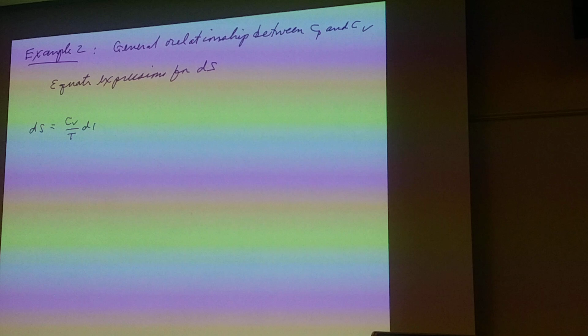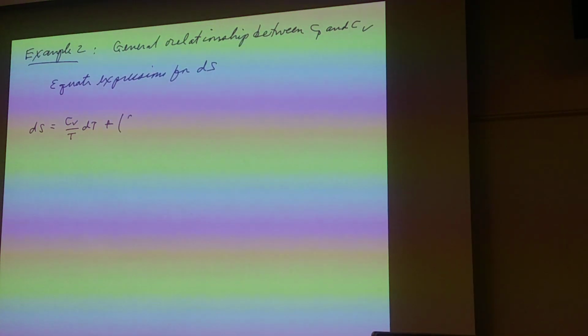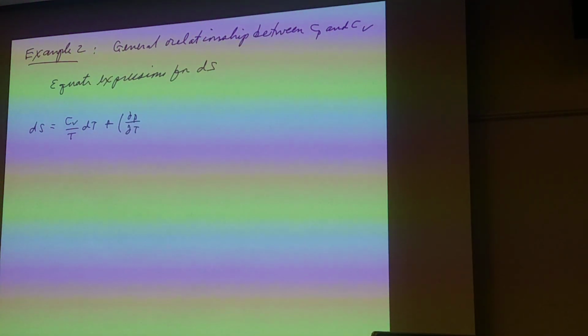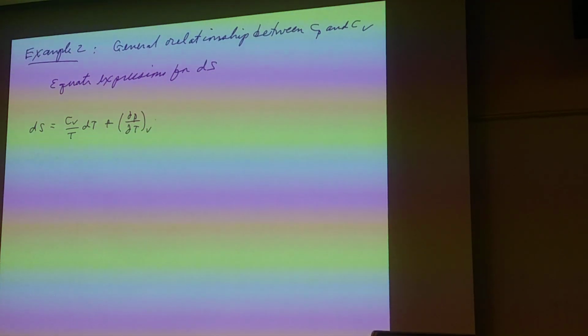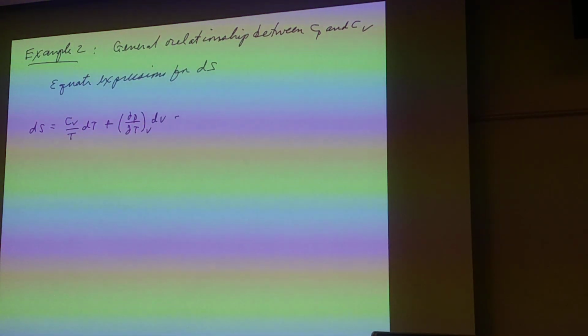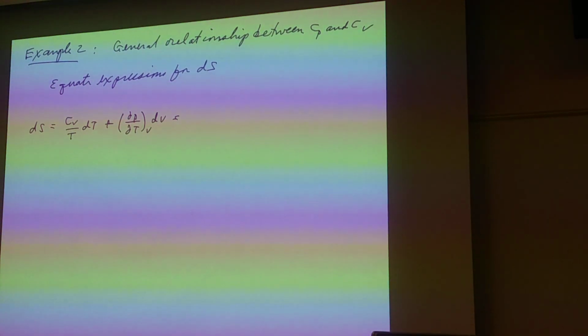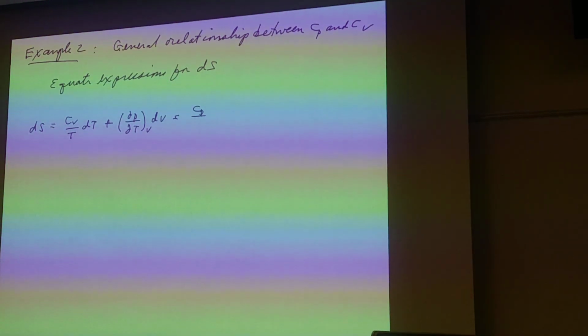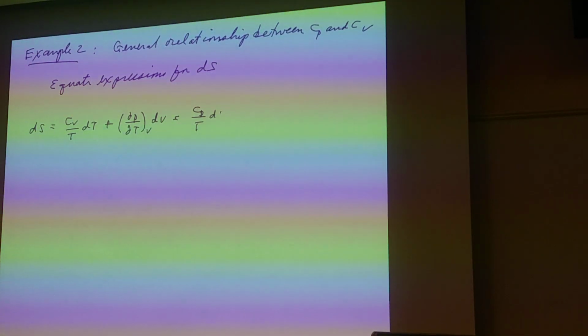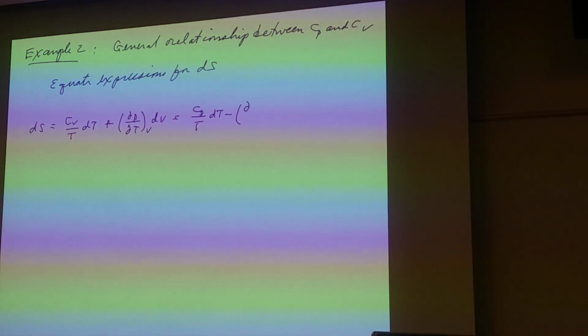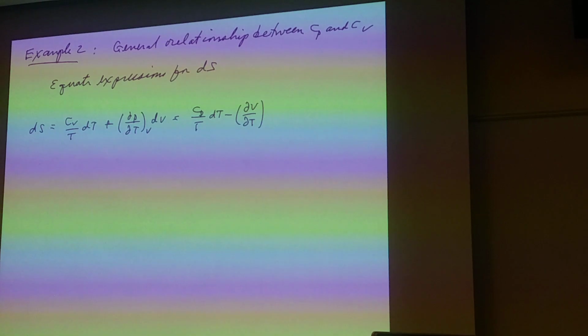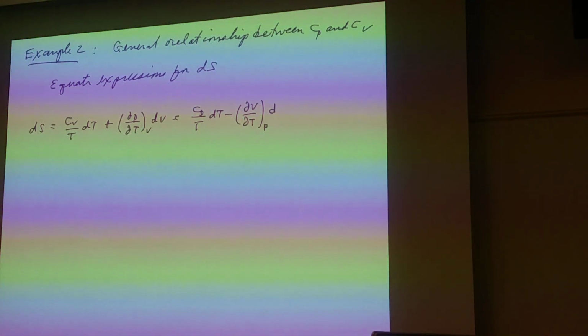So I have dS, which is equal to Cv over T dT plus partial P with respect to T at constant V dV, equals Cp over T dT minus partial V with respect to T at constant P dP.